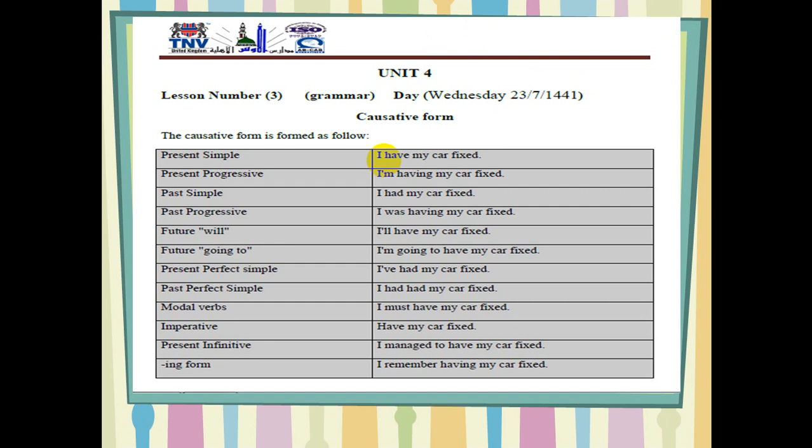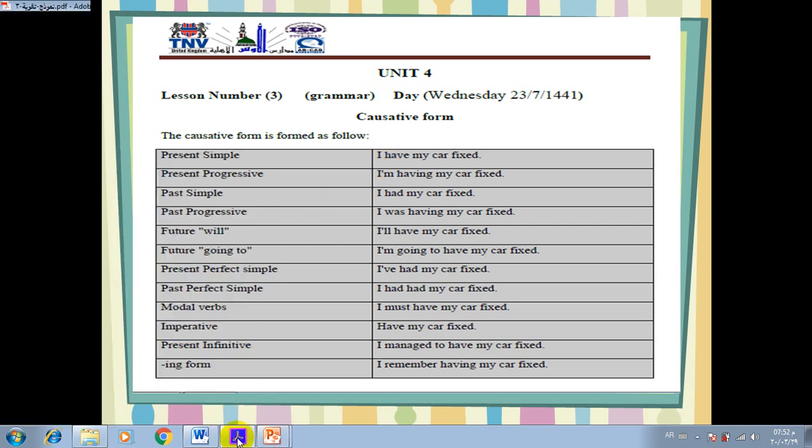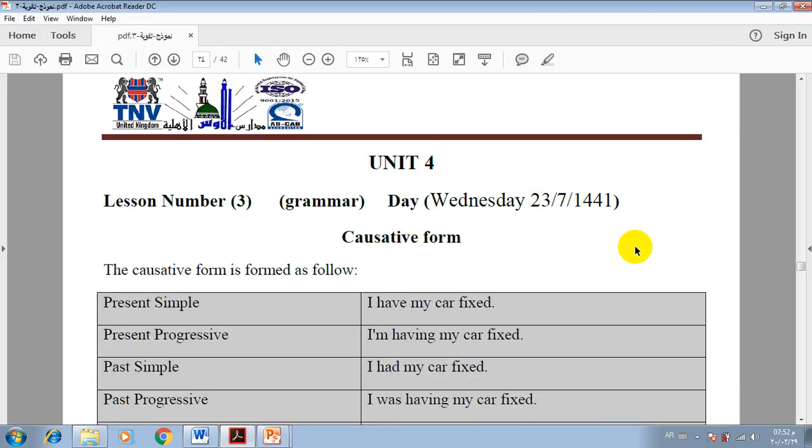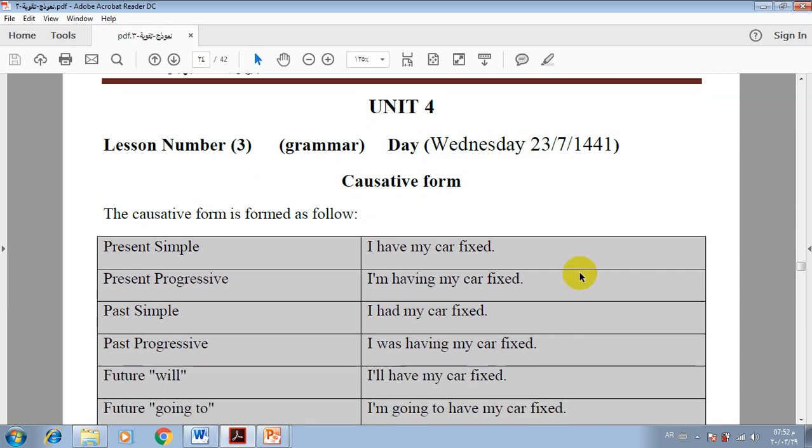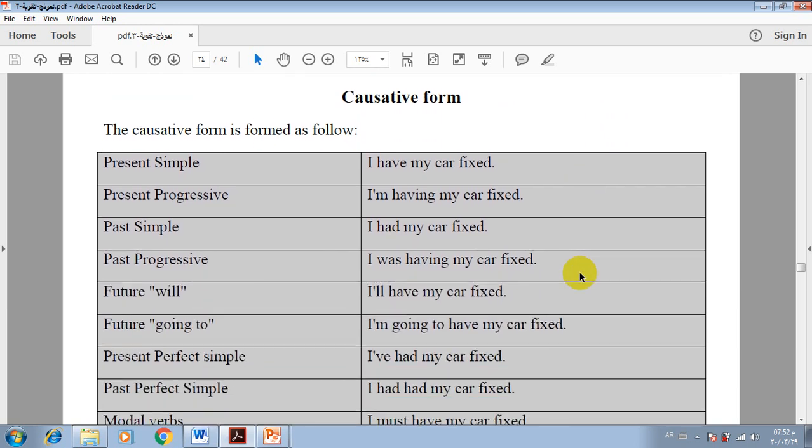Okay, now let's go to your notes on page 24 to see the rule. As you see, the causative form is formed as follows.